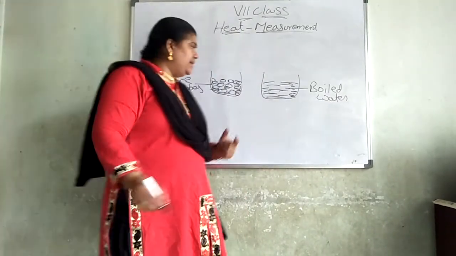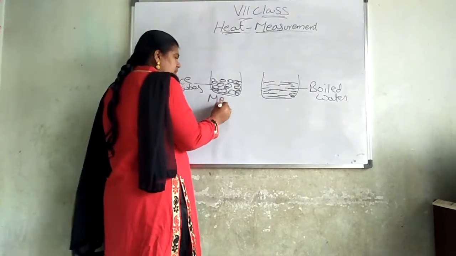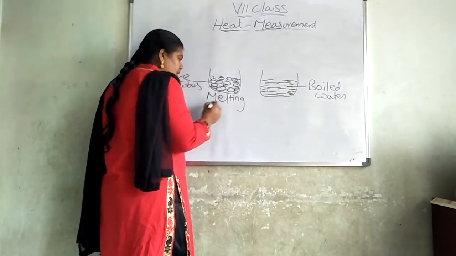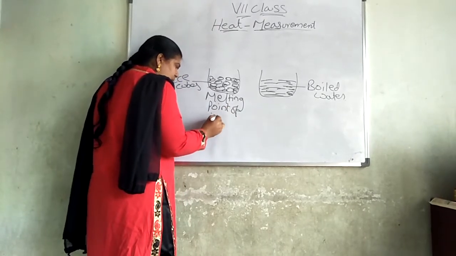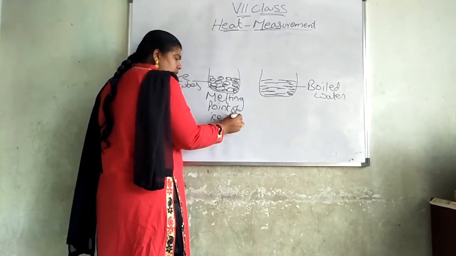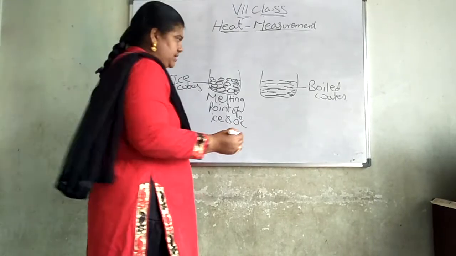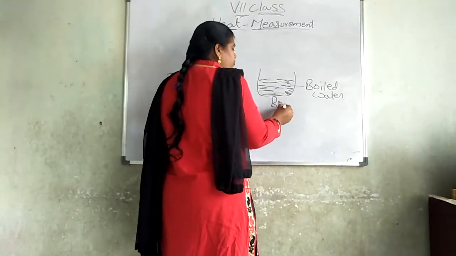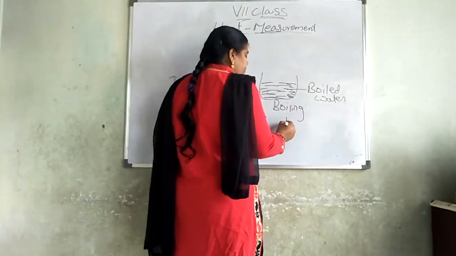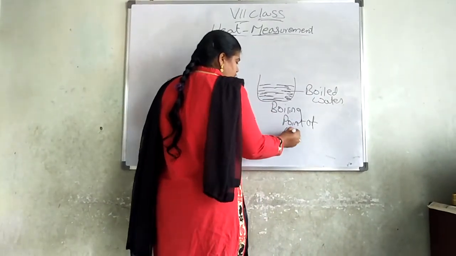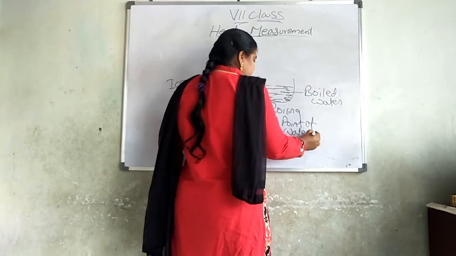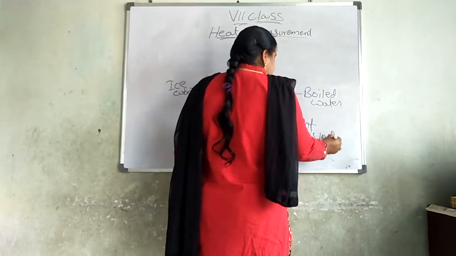Now, you know the melting point of ice is 0 degrees Celsius, and the boiling point of water is 100 degrees Celsius.